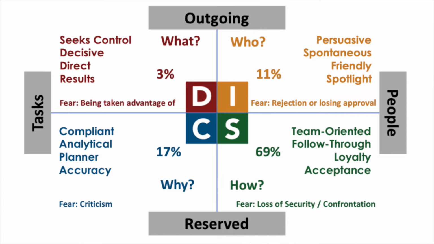Now, when I said to you that in the workplace, 90-something percent of all problems occur because people don't understand where the other person is coming from, this is the biggest one. When a task-oriented person on the left side of the line does not understand that the person on the right side of the line is looking for the people first, and if the people person doesn't understand that this guy on the left side of the line wants to accomplish a task first, this causes a ton of friction, a ton of animosity.